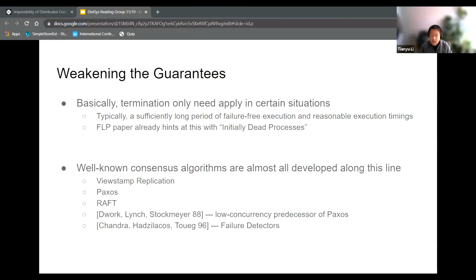The FLP paper itself already hints at this with its section 4, which covers initially dead processes. This is equivalent to assuming there's a failure-free execution period where everybody can decide. Well-known consensus algorithms are almost all developed along this line. This includes Viewstamped Replication, which this reading group covered before, Paxos, Raft, and a bunch of work from the theoretical community that is very similar to all of these.